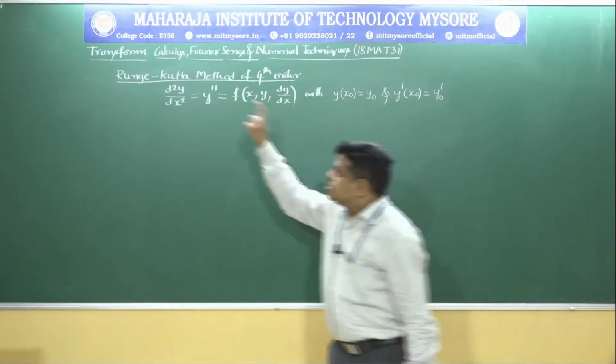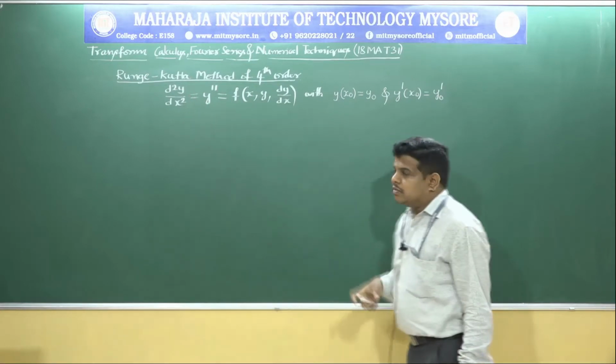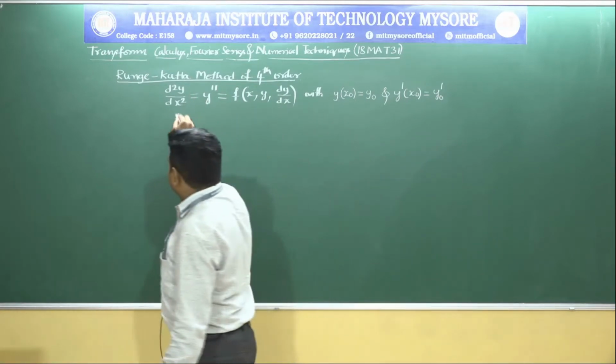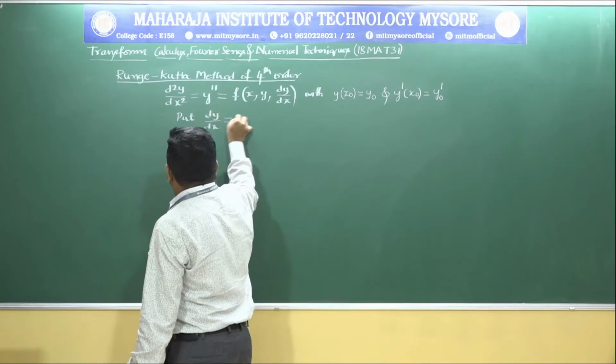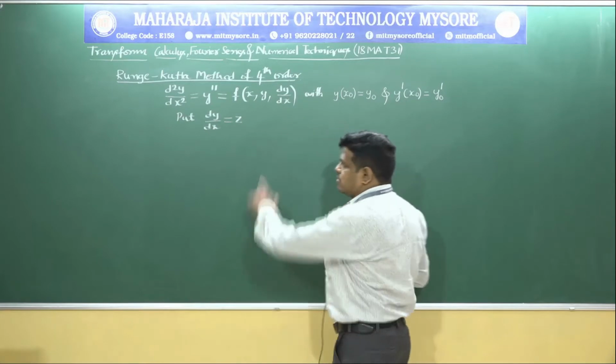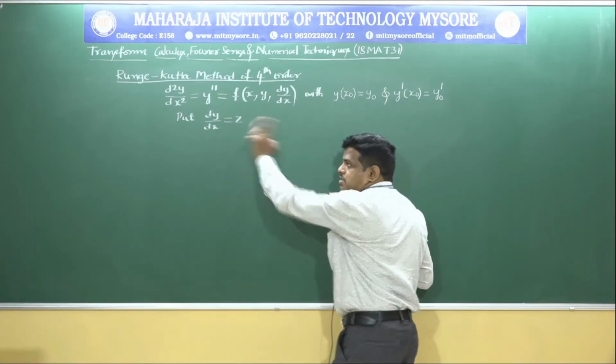Next, we need to reduce the second order derivative to a first order derivative. We take the substitution dy by dx equals z.